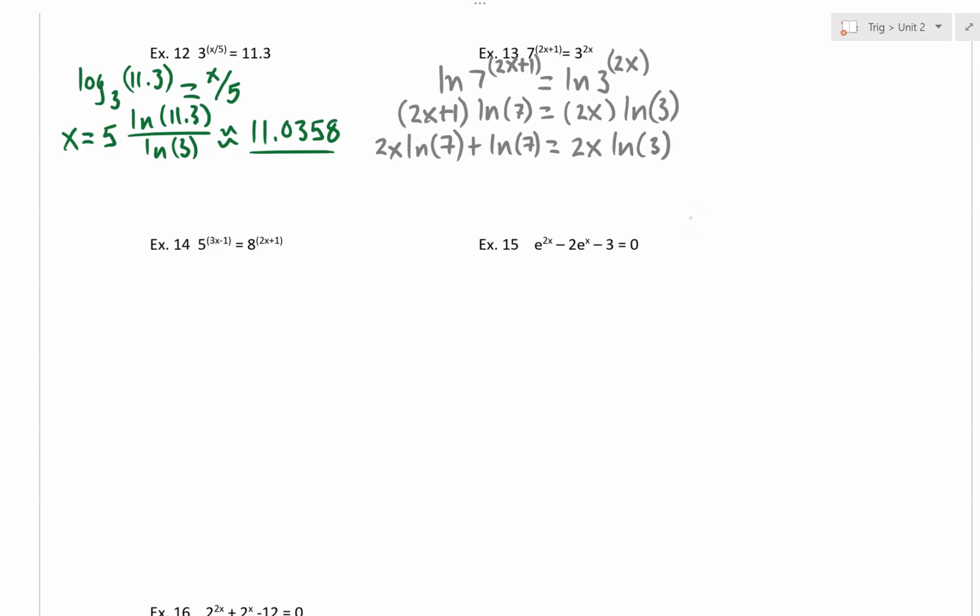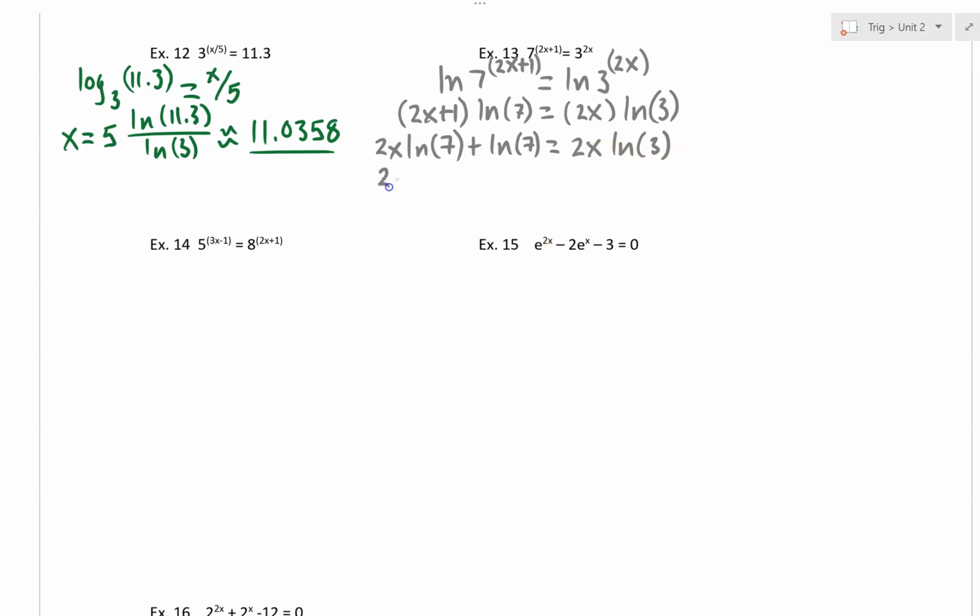Keep in mind, I know we're saying ln of 7, ln of 3, but ln of 7 is simply a number. So it's still just 2 times ln of 7, that's some number, x. I want to move this term on the right over to the left because they both have x in them. And then I want to move the ln 7 to the right because it's just a number. I'm trying to get my x's to one side and the numbers to the other.